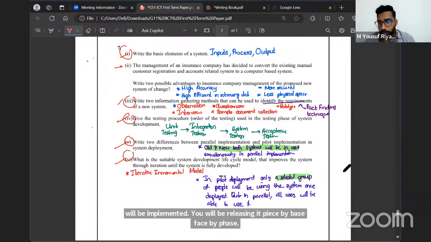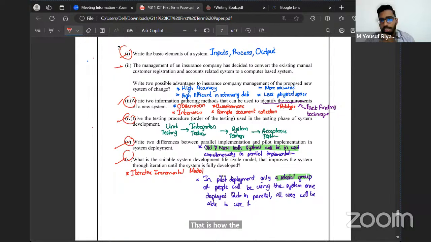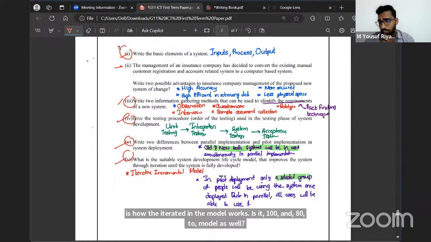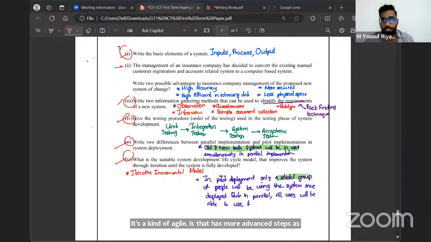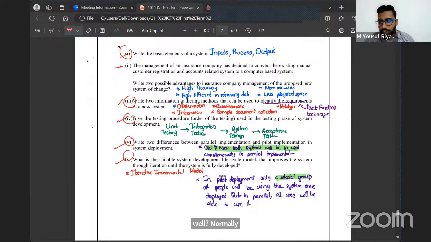Is the iterative incremental model known as the agile model as well? It's a kind of agile. Agile has more advanced stuff as well. Agile is one we use in industry. What is the first model? It's normally the waterfall model. There are several models, even though you all have learned only two.